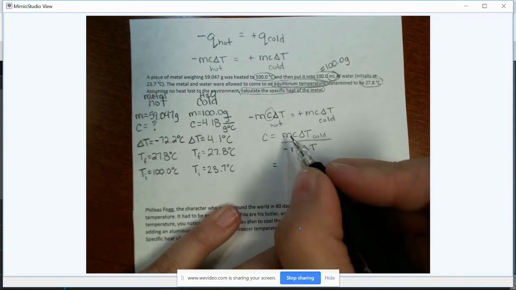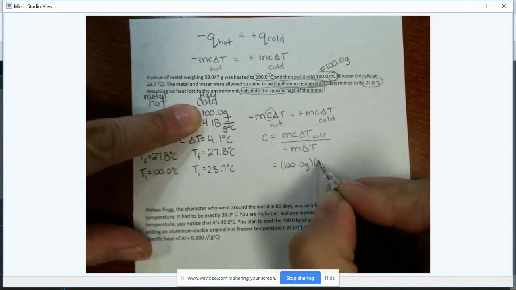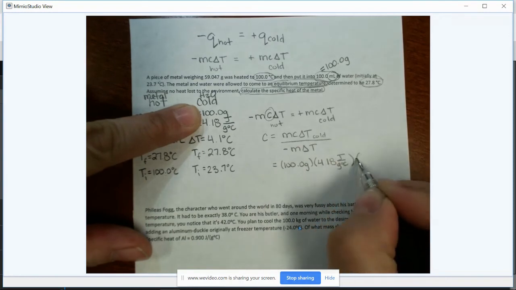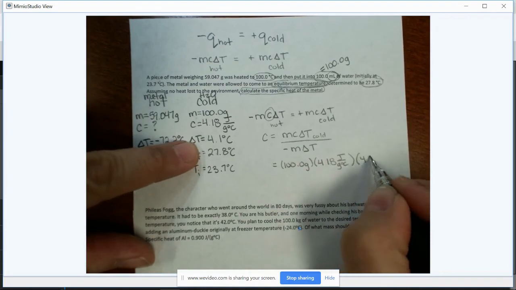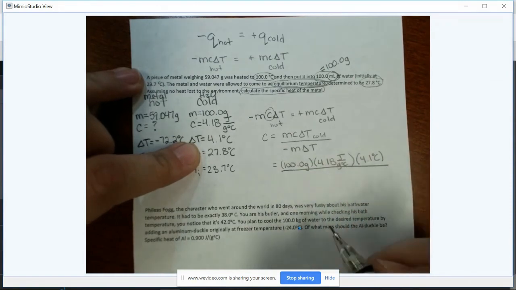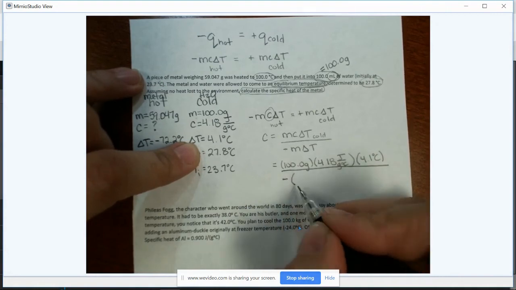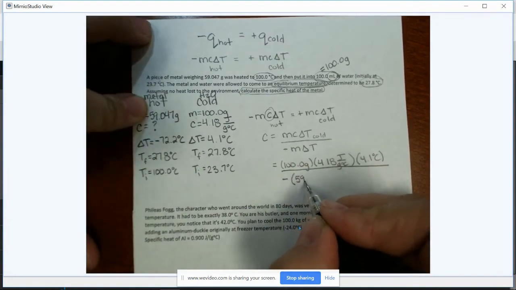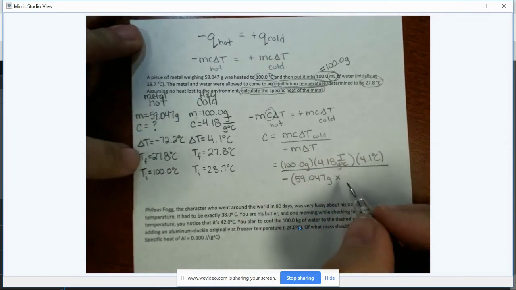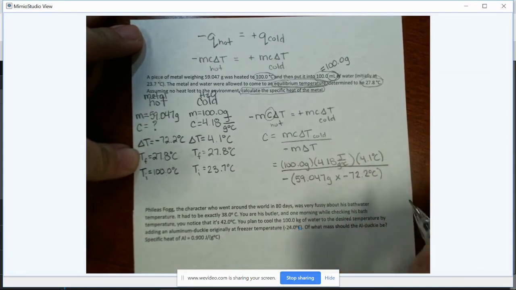So M of my cold was 100 grams. C of my cold, or my water, is 4.18. And the change in temp that the water had was 4.1 degrees Celsius. And I put that all over, and be very careful not to forget that negative sign, negative times the mass of my hot, 59.047 grams, and then times delta T of my hot, which was negative 72.2 degrees Celsius.